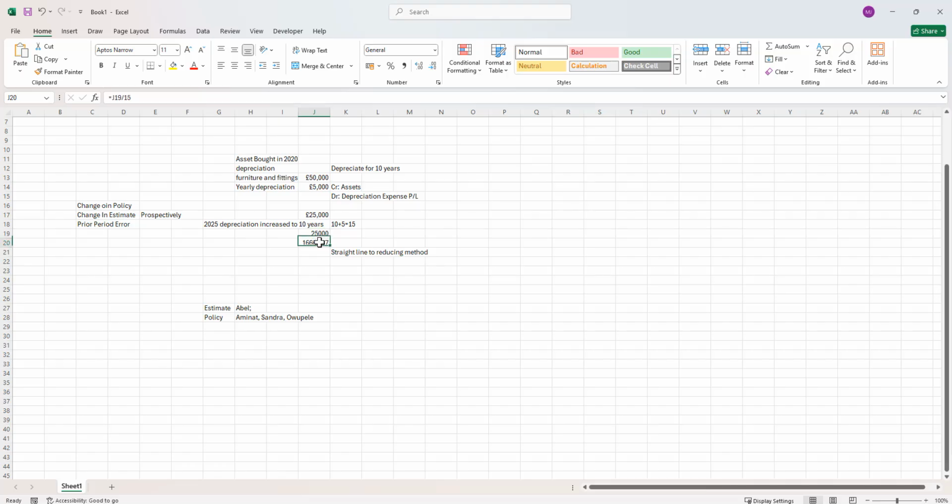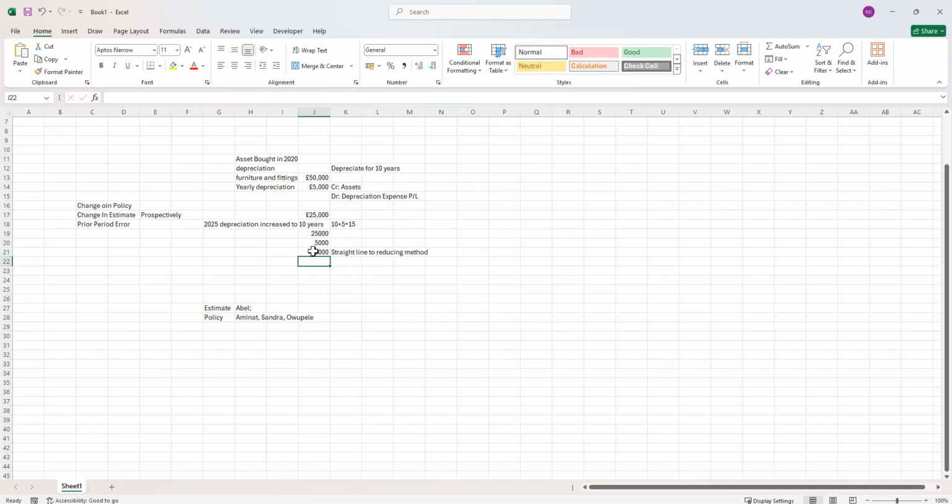It should not make sense for us to start from 2026 and say 25,000 divided by 5 years, and then say we have 5,000 and then 20,000 minus 5,000. That's reducing balance method, isn't it? Then divided by 4 years, right? It will not make sense to do this.